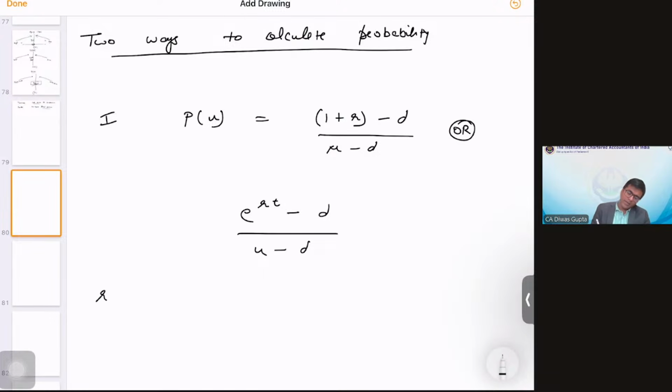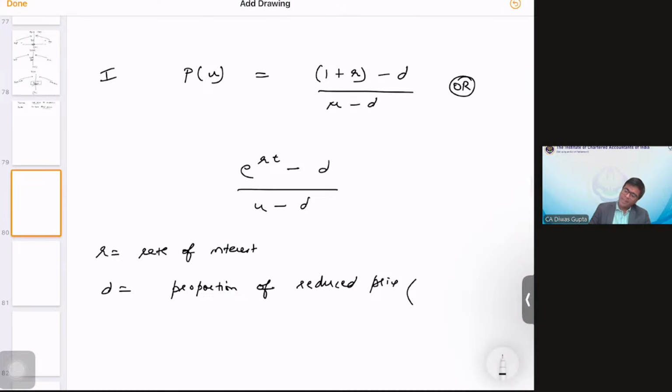So R here is equal to rate of interest. D here is equal to proportion of reduced price, which is 27 by 30. 27 was the new price, 30 was the original price, right?